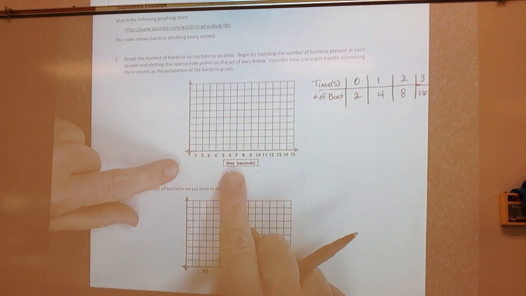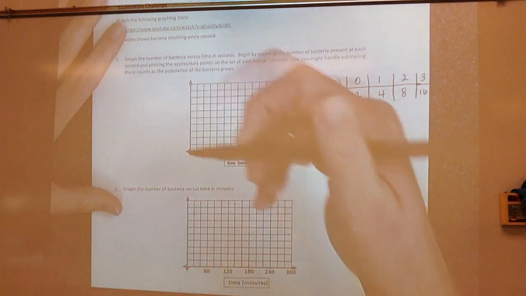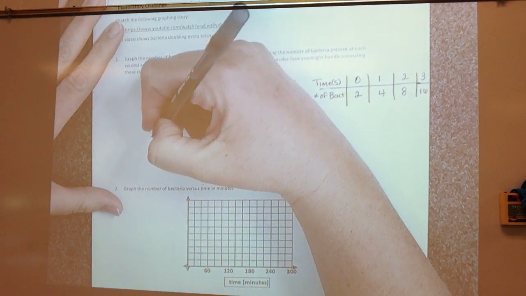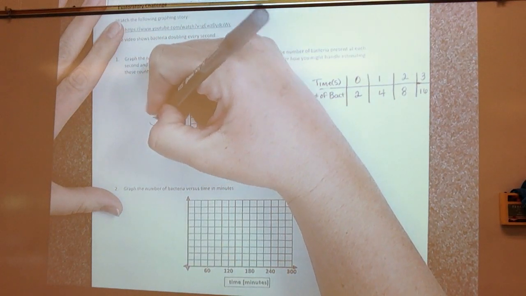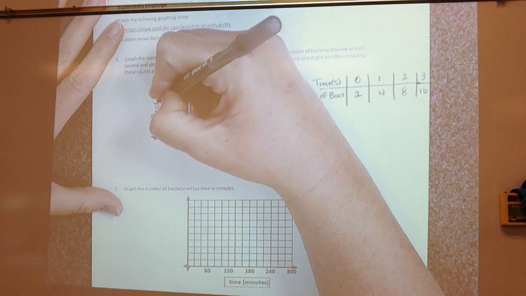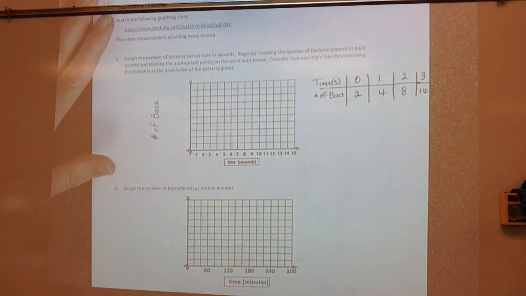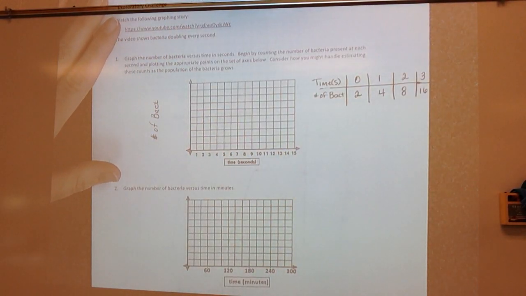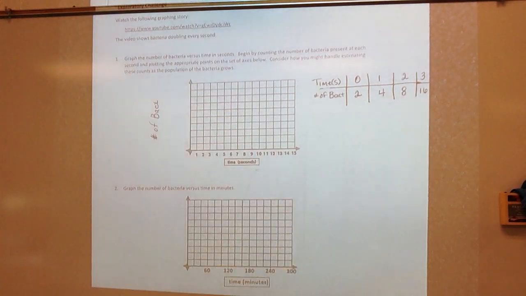So I've got my time in seconds. I'm going to label this over here our number of bacteria. Let's see here. It's kind of difficult to label this because my numbers are going to get really big.